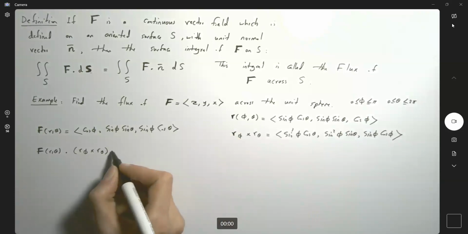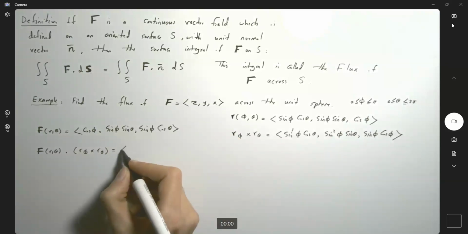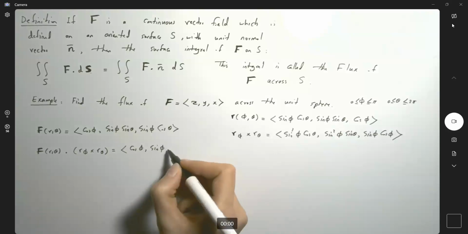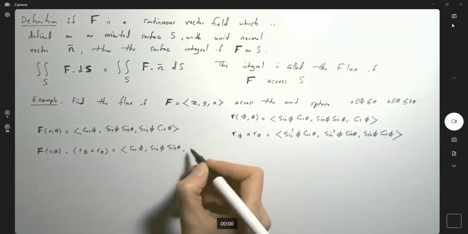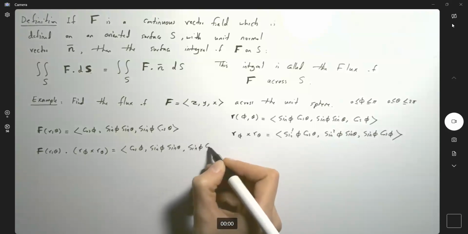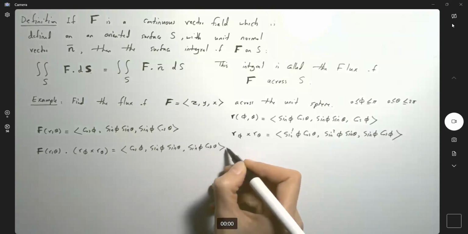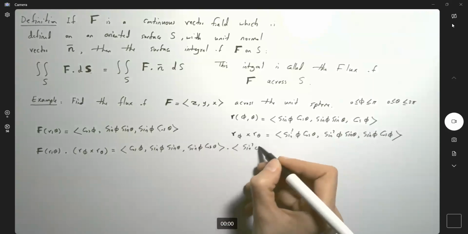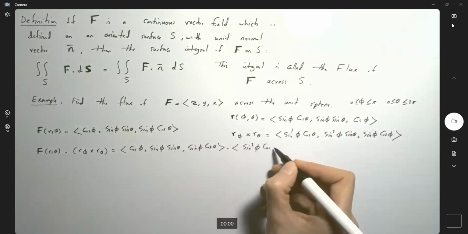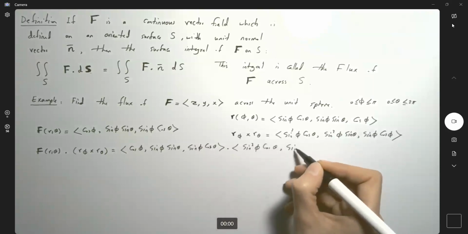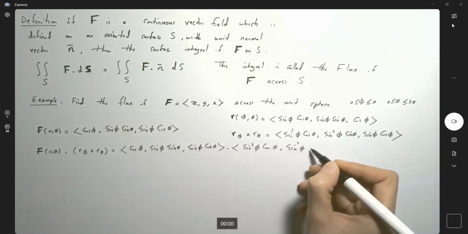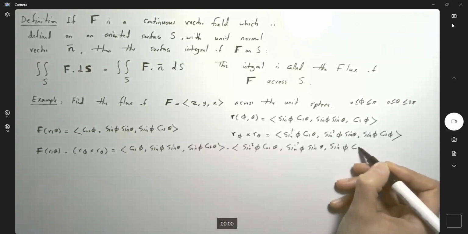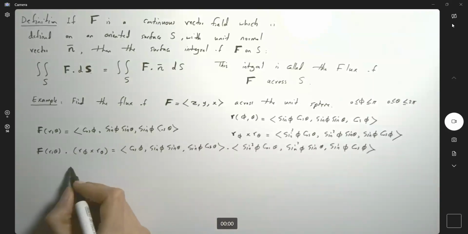Let's see what we have here. Cosine phi, sine phi sine theta, and sine phi cosine theta, dot sine squared phi cosine theta, sine squared phi sine theta, and sine phi cosine phi. Very good.